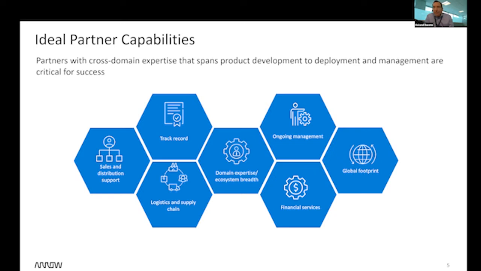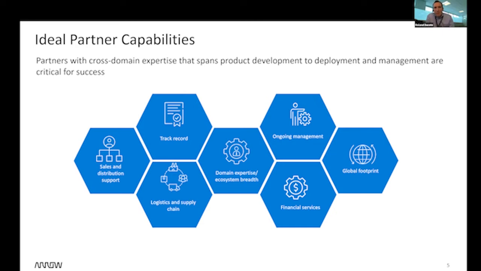You have identified a skill gap or an issue around privacy or security, and you realize that it's not something you can do internally. So how do you identify a partner that can really help you? That's what you see on the screen. I think these are the best practices that we see.